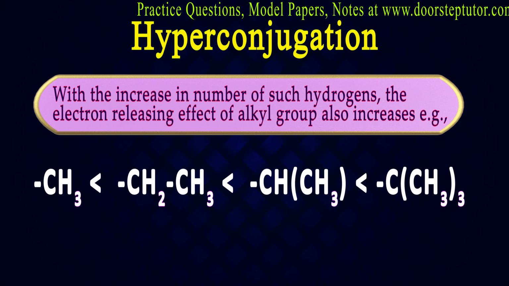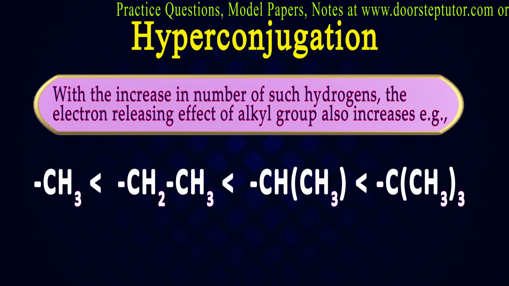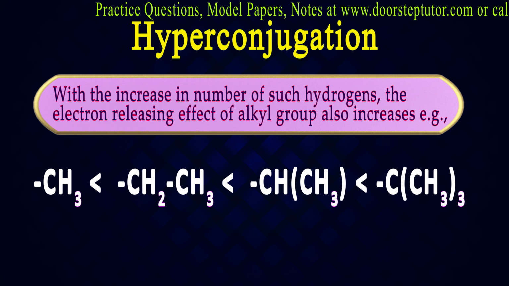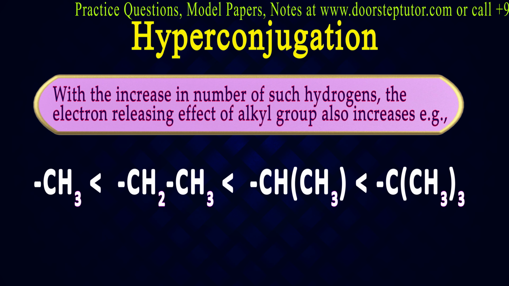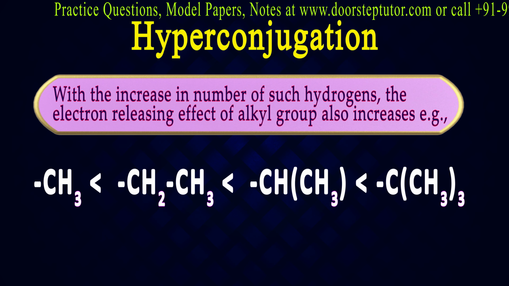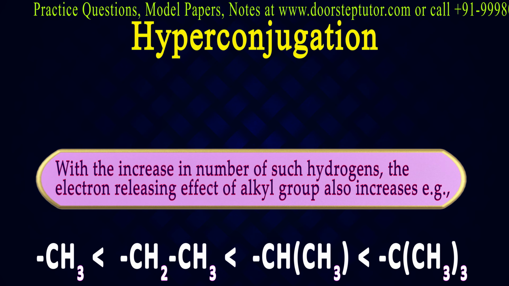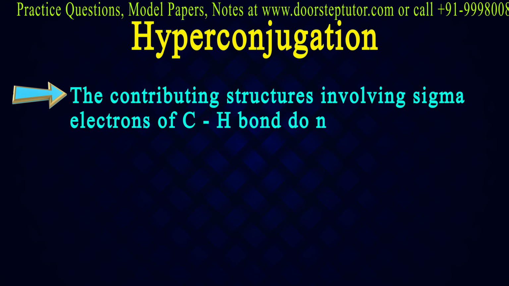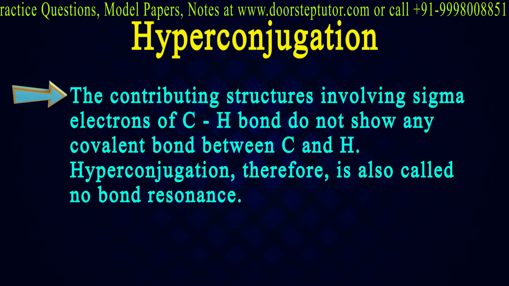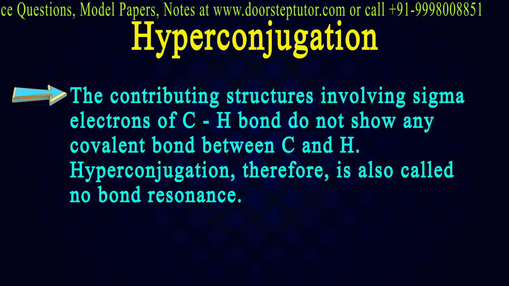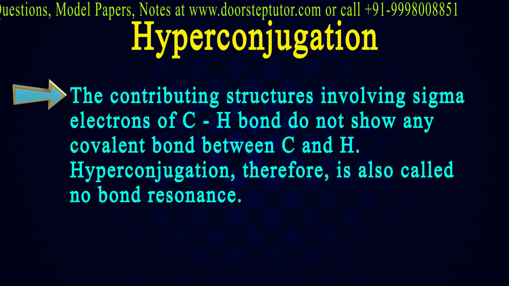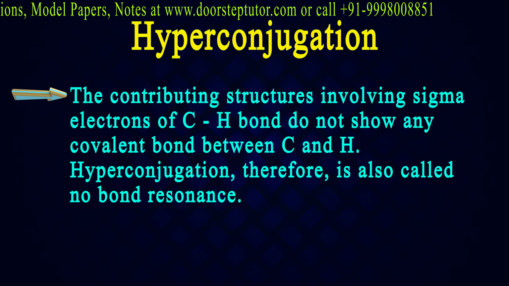With the increase in the number of such hydrogens, the electron releasing effect of the alkyl group also increases, as we can see in this order. The contributing structures involving sigma electrons of the carbon-hydrogen bond do not show any covalent bond. This is something different, right?